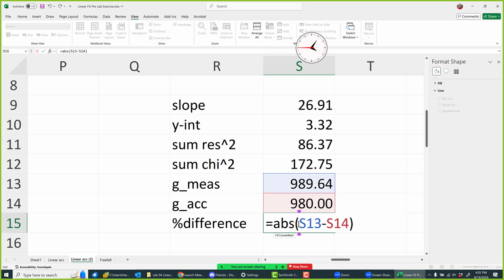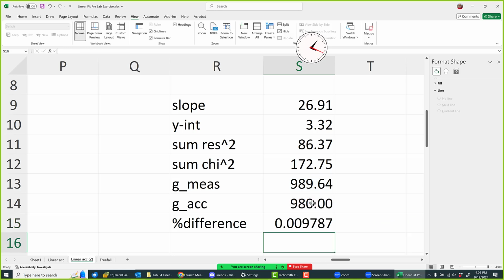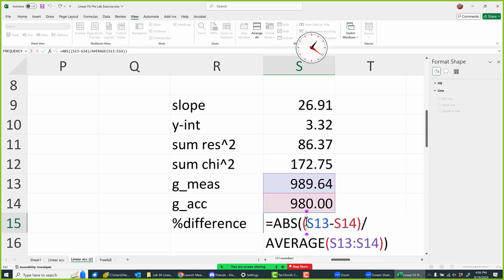We need to add an extra parentheses. And then we divide by, easy, take it easy. We measure the difference divided by the average, right? Divided by the average of the two numbers, and they're next to each other again. Close the parentheses, and we need one more, yep. Oh, and I forgot times 100%.